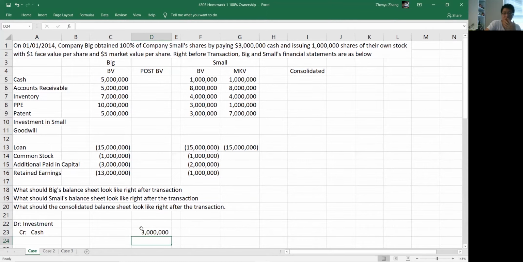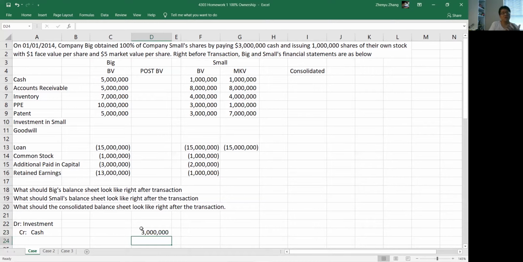Yes, of course. By issuing 1 million shares of their own stock with $1 par value and a $5 market value. So let's interpret again. By default, they issue the shares to those who give up their Small shares. Those who give up their shares in Small are no longer directly related to Small, but they became shareholders of Big.